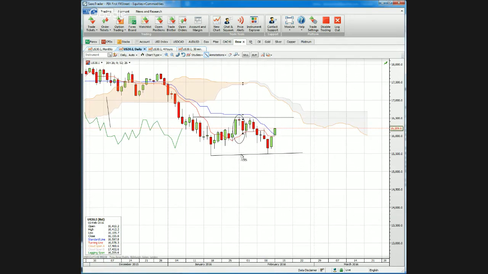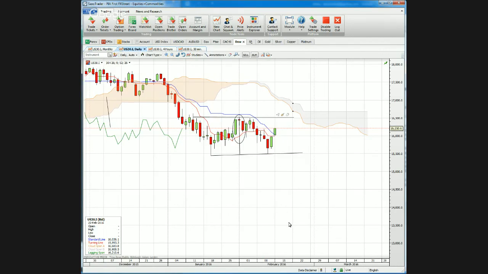So once prices close above the 16,500 level, or to be exact, 16,511, on a daily basis, then that would be a confirmed double bottom.